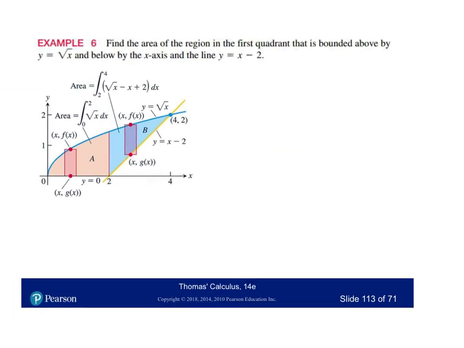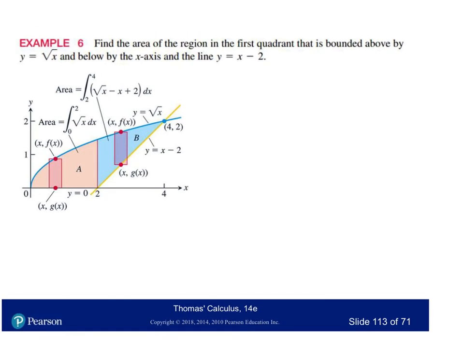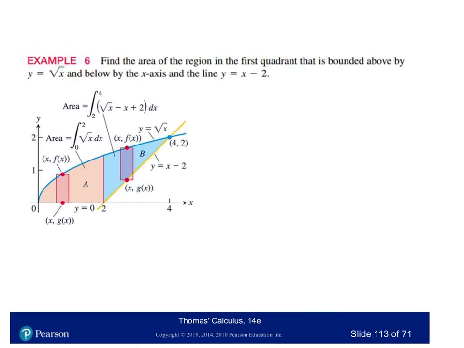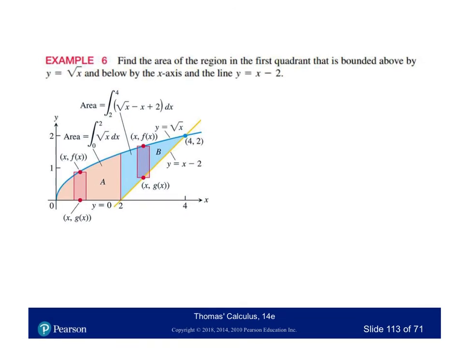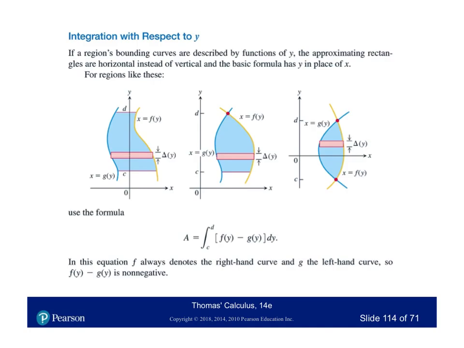All right, this is where he actually has us solve the problem. And notice he's obviously telling me to use those vertical rectangles. Picture in the book. What about integrating with respect to the y-axis?